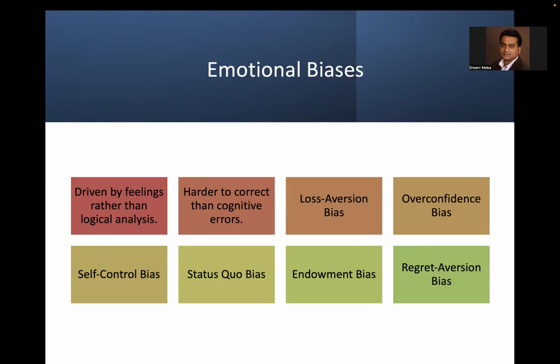That stems from there. The next one is self-control bias. People think they have control over what they are doing, but people do not save enough money when it comes to personal finance.